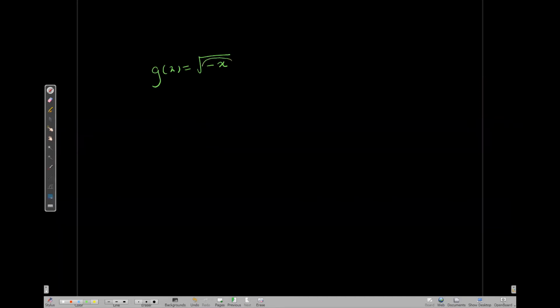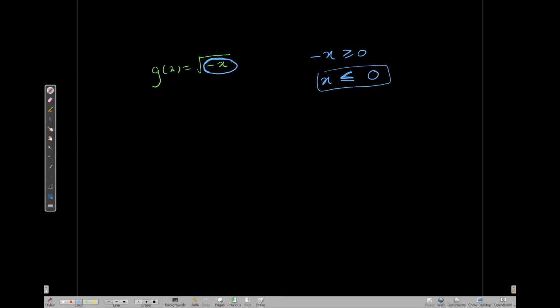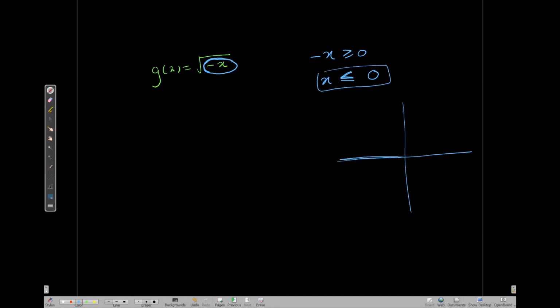The expression inside, negative x, has to be positive. When we solve this inequality, multiplying by a negative number changes the sign, remember, so x is less than 0. Our domain is the negative part of the x-axis.